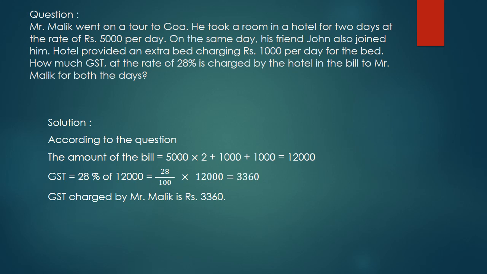The hotel provided an extra bed, charging rupees 1,000 per day for the bed. How much GST at the rate of 28% is charged by the hotel in the bill to Mr. Malik for both the days? So, see the solution now.